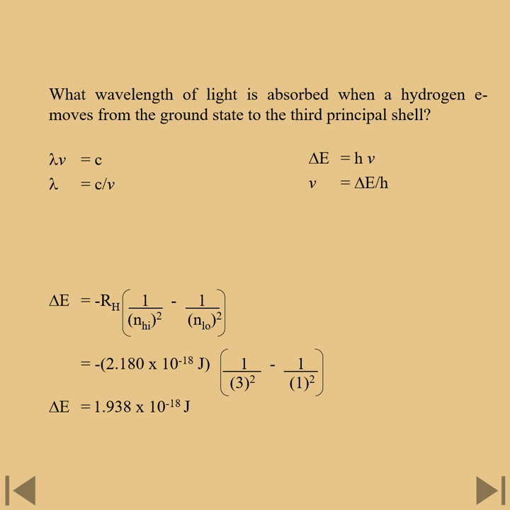And this gives us 1.938 times 10 to the negative 18 joules that was absorbed. And that is the energy difference between those two allowed states, or those two principal shells.